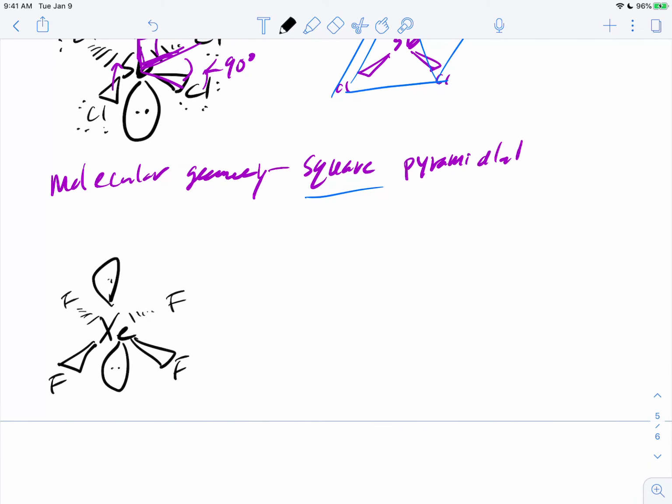Now in this case, because we have equal pushing up and down, the bond angle that we find is still 90 here. So this is still 90 degrees. It's the only one that we don't really see being changed because these are pushing down the same way these are pushing up. So we don't see any displacement of our bond angles in the plane where the atoms are. So the molecular geometry here is square, and then it makes a plane, so it's square planar.